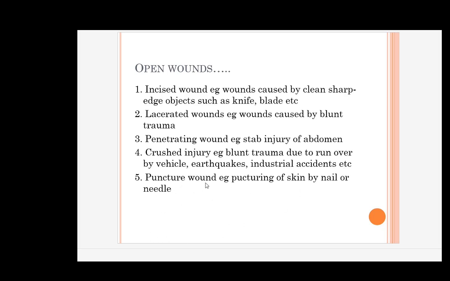Puncture wound, by definition, is anything that leads to breakage of the skin and entry of a foreign body inside. So penetrating wound also in a form is a puncture wound, but most often puncture wounds are those where the depth may be more or it may be less, and classically a needle stick injury is a classical example of a puncture wound.